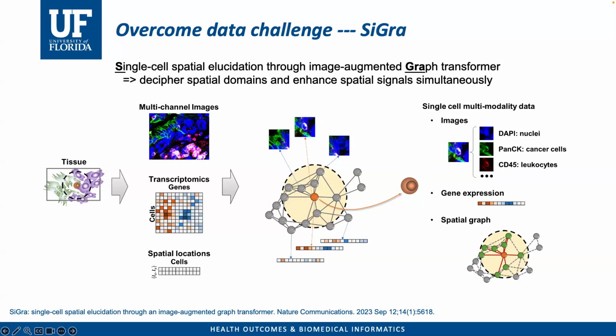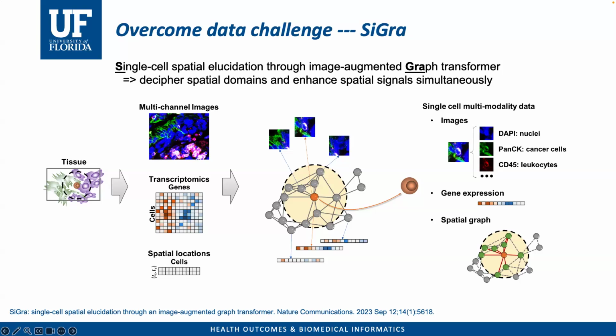So we propose this work to handle the data issues, because the signals detected sometimes are not that accurate. We hope to leverage the morphology images to make up for that issue, to enhance the signals of the gene expression so that we have fewer issues with the data. The design is that we convert this multi-modal data into a single cell spatial graph.